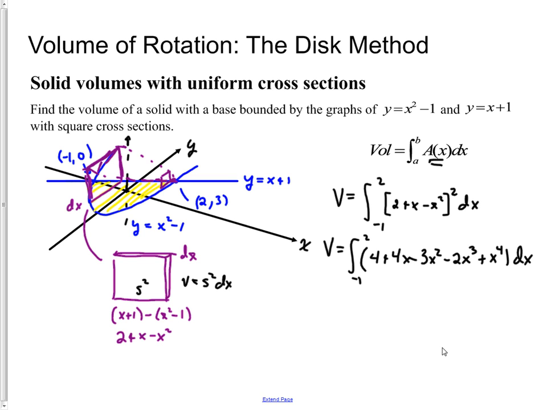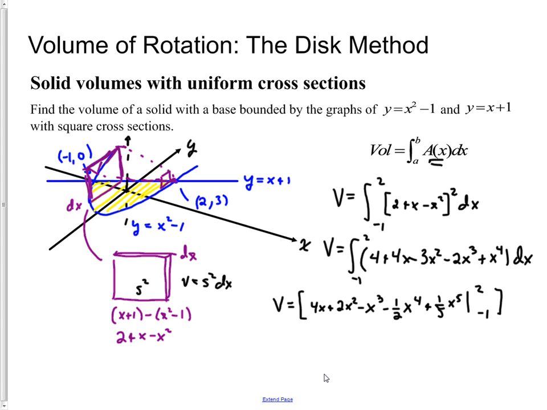So let me go ahead and get my integral for you. We're going to evaluate the integral: 4x plus 2x squared minus x cubed minus 1 half x to the fourth plus 1/5 x to the fifth, from negative 1 to 2.